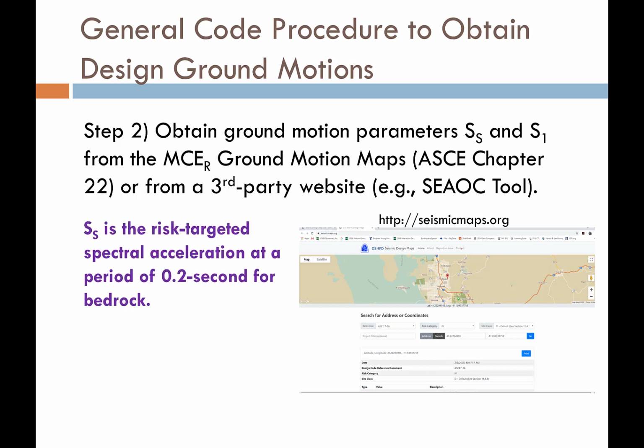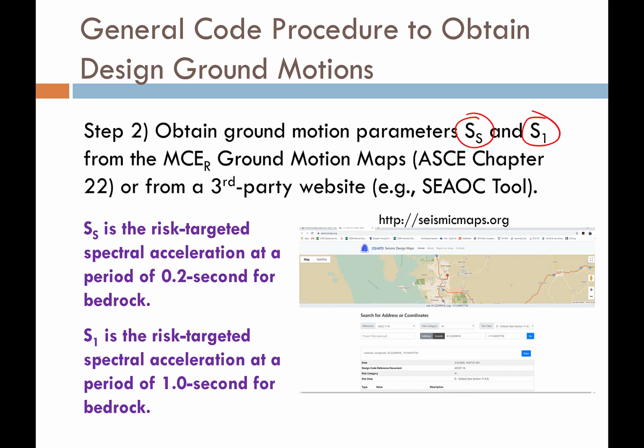So what is S sub S and S sub 1, you may ask? Well, S sub S is the risk-targeted spectral acceleration that corresponds to a period of 0.2 second for bedrock material. Everything here is bedrock, okay? It's a generic type of material. S sub 1 is the risk-targeted spectral acceleration at a period of 1 second.